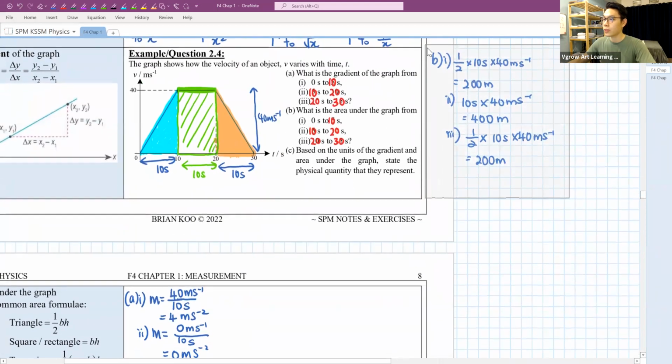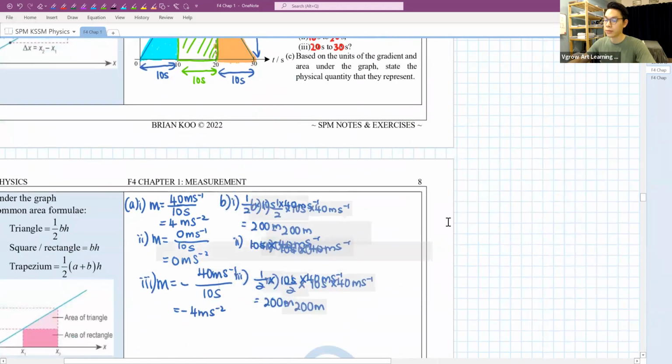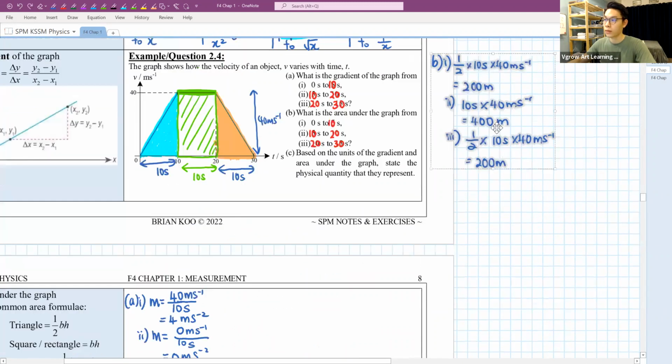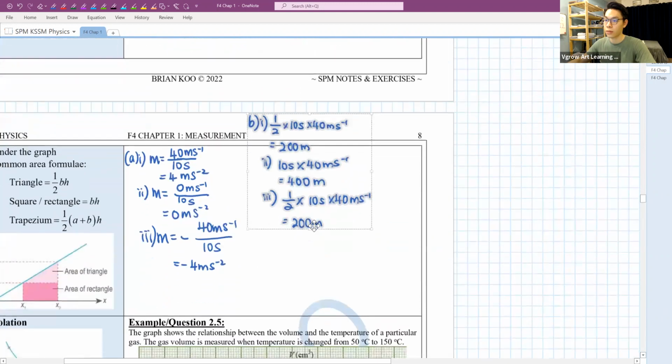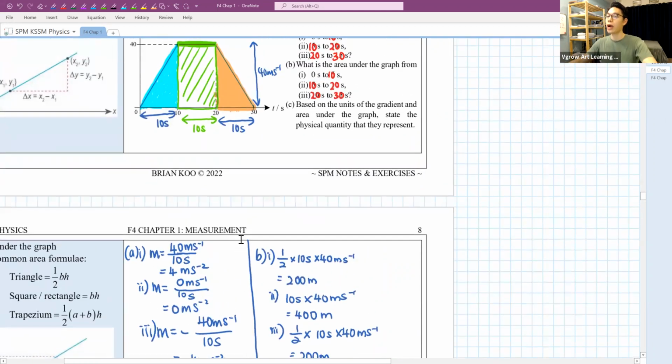I'm going to paste this one back to the space here. I hope you know how I get the area that is below the graph until the axis there.